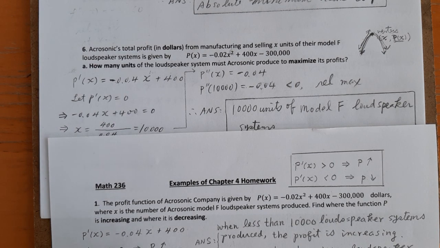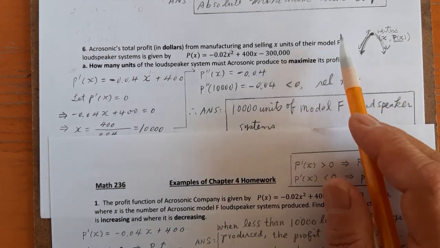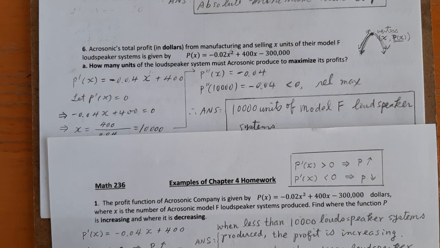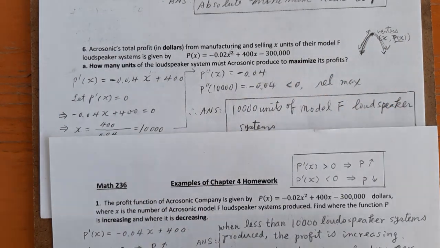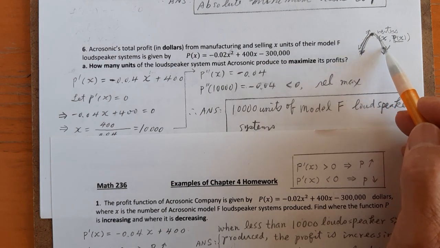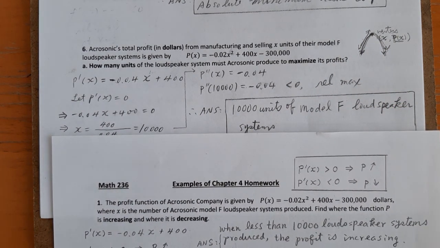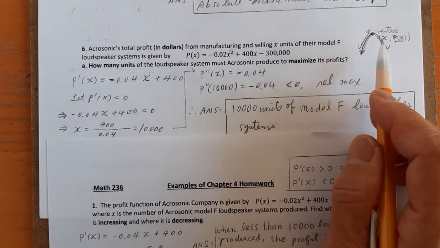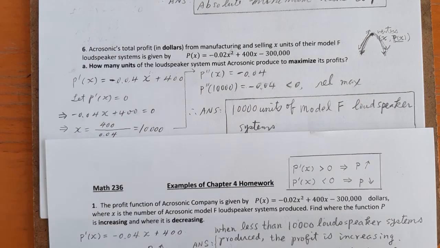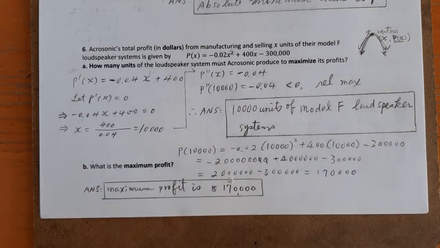The first derivative is positive when x is less than 10,000, so the function is increasing. Over 10,000, more than 10,000, the first derivative is negative. The function is decreasing. So at this point is a relative maximum.